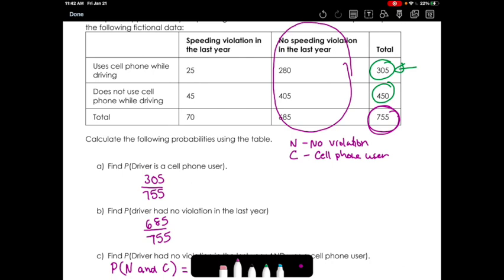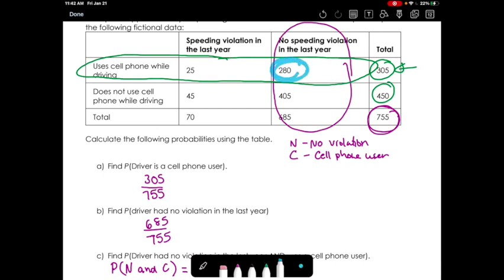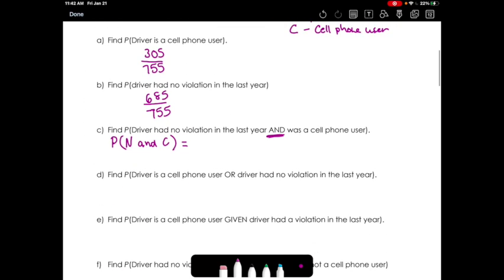And we're looking to see where we have the people that are cell phone users. So that is this category. And where they overlap, where it satisfies both of those conditions, would be 280 out of 755. That's this group right here that satisfies both of those conditions. So I would write this as 280 over 755.